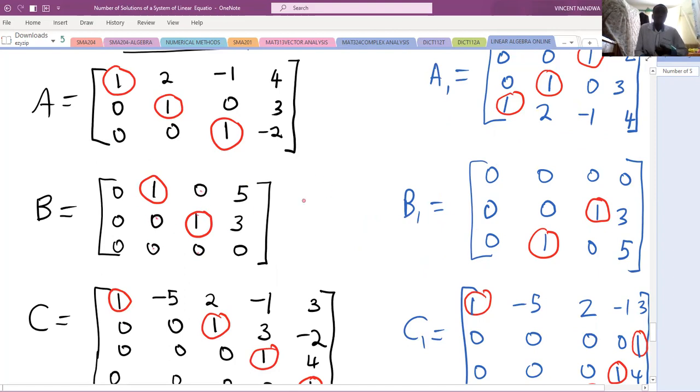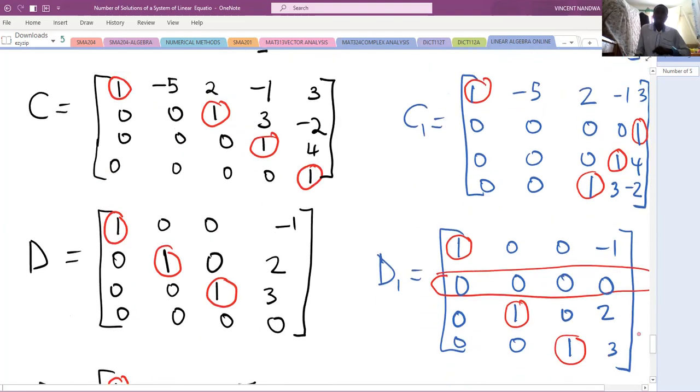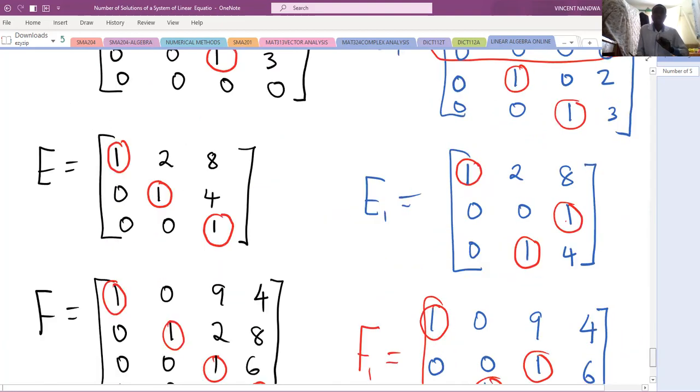So matrix B is also in reduced row echelon form, because the columns that have a leading one have zeros in other positions. Similarly, matrix D is also in reduced row echelon form, because every column that has a leading one has zeros in all other positions. You see, these are zeros, these are zeros, these are zeros.